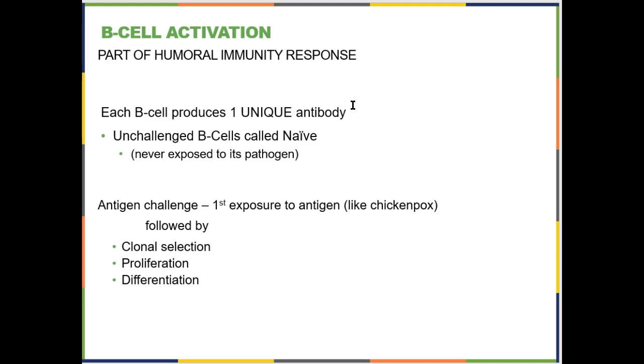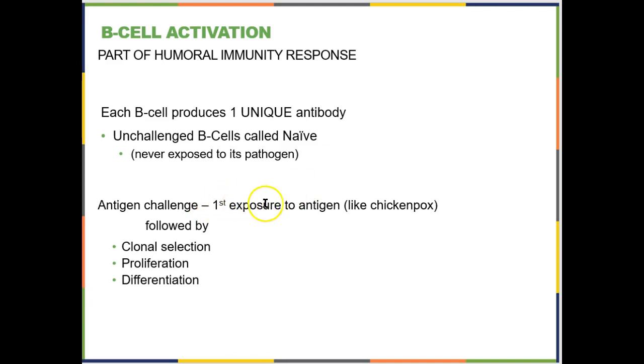So now we have to talk about how B cells become activated. We want to remember that you have one unique B cell. If it is naive and has never been exposed to the pathogen, then its B cell receptor, its antibody, is different from every other antibody in the bloodstream.